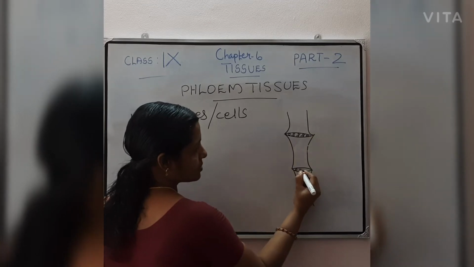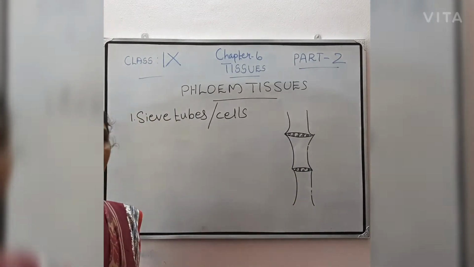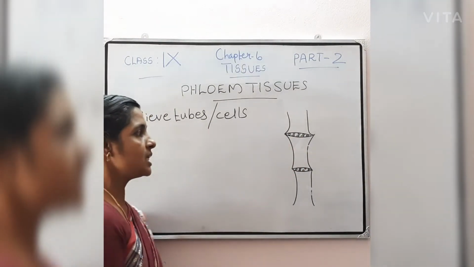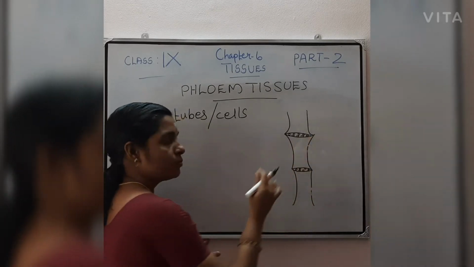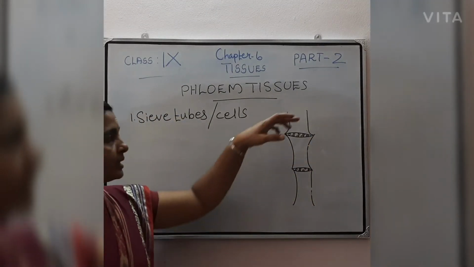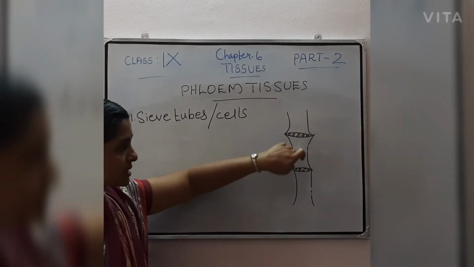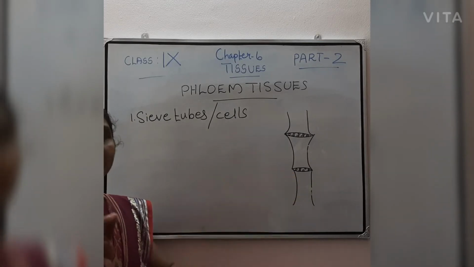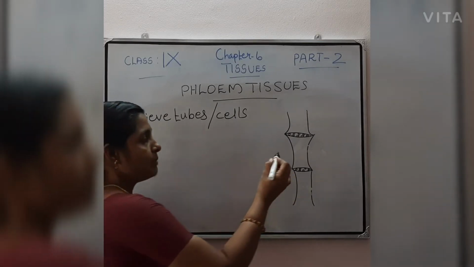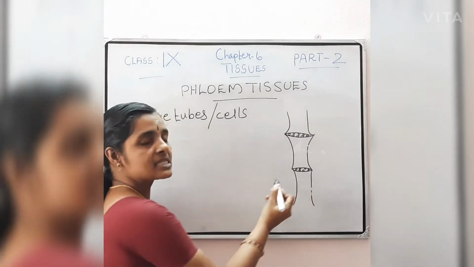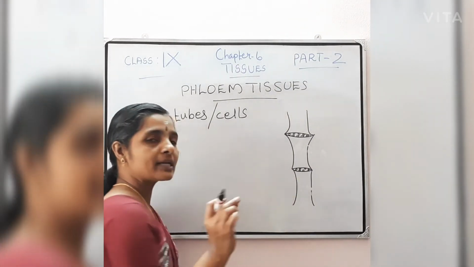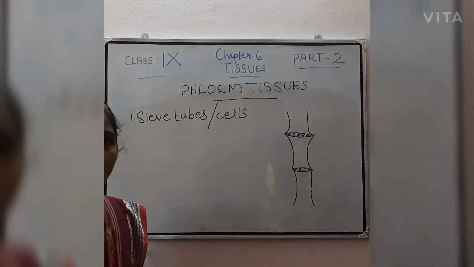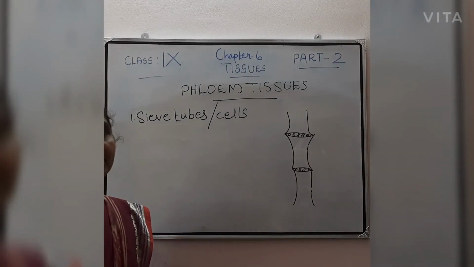This region is called the sieve plate. So the sieve plate consists of numerous pores. In between two sieve cells, many perforated sieve plates can be seen. In this sieve plate, numerous pores are there for filtering the food material.